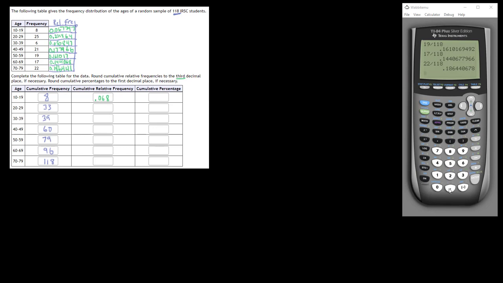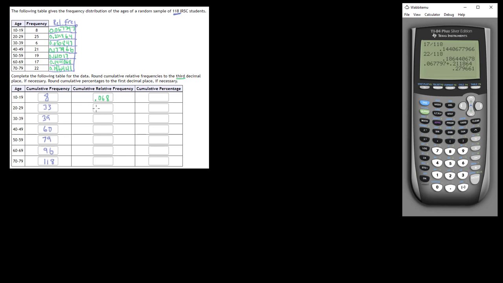We're going to say 0.067797, the first relative frequency, plus the second relative frequency, 0.211864. So the first two relative frequencies add together. That's going to be the cumulative relative frequency of the second class.